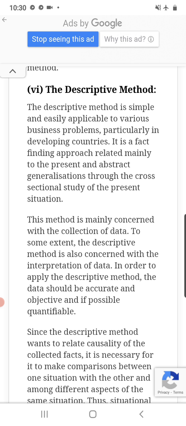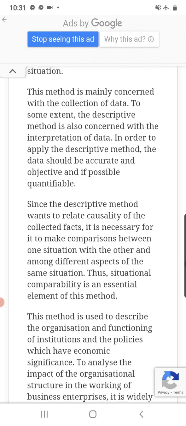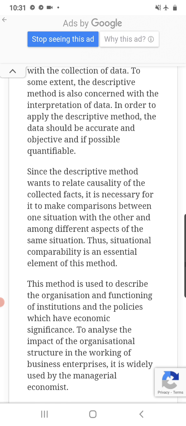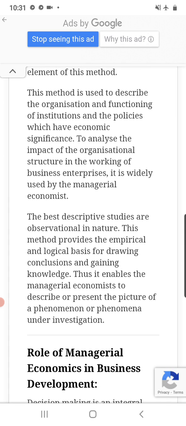In order to apply the descriptive method, the data should be accurate, objective, if possible, and quantifiable. Since the descriptive method wants to relate the causality of the collected facts, it is necessary to make comparison between one situation with other and amongst the different aspects of the same situation. This method is used to describe the organizational function in the institution and policy which have the economic significance.